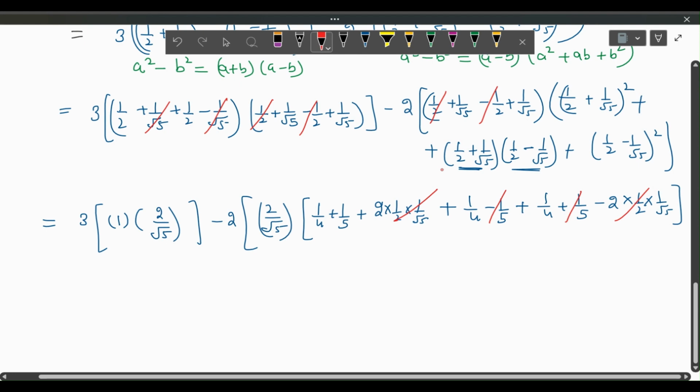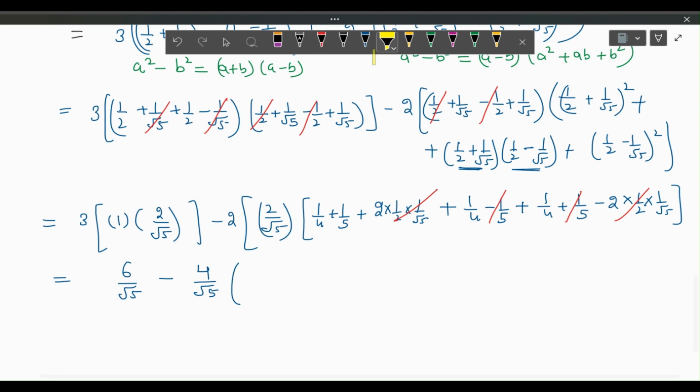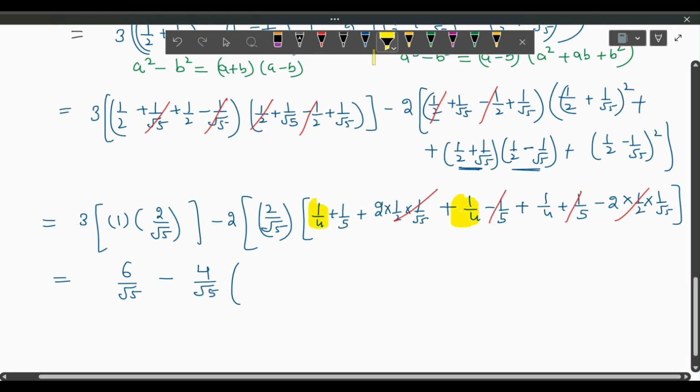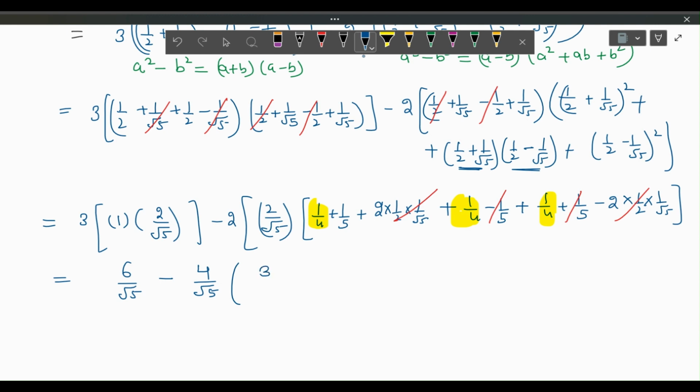So after simplifying this, it will be 3 times 2/√5 minus 2 times 2, 4 over √5. So in this expression the 1/4 terms add up, so it will become 3/4 plus 1/5, 1/5.